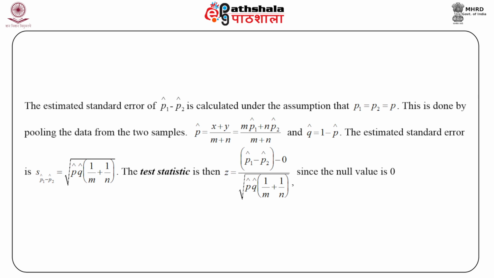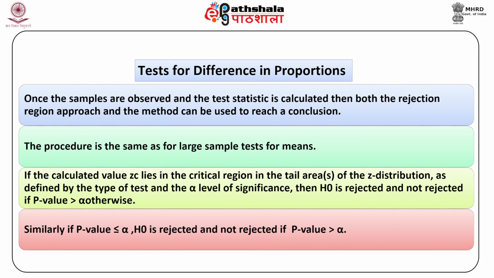The test statistic is then equal to Z is equal to P1 hat minus P2 hat minus 0 upon under root of p hat q hat into 1 by m plus 1 by n, since the null value is 0. Now, once these samples are observed and the test statistic is calculated, then both the rejection region approach and the p-value method can be used to reach a conclusion.